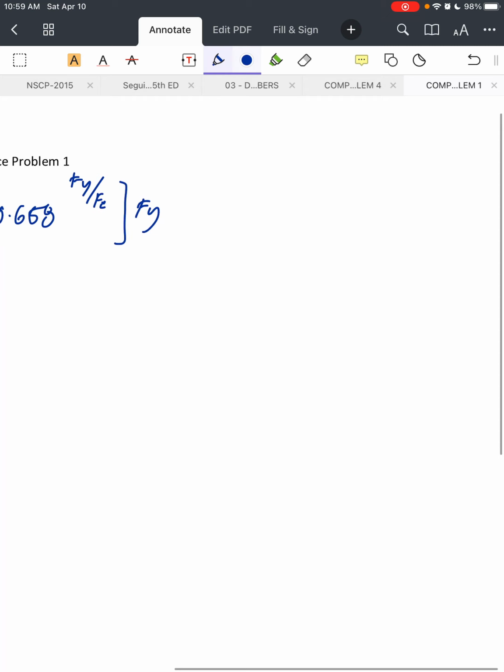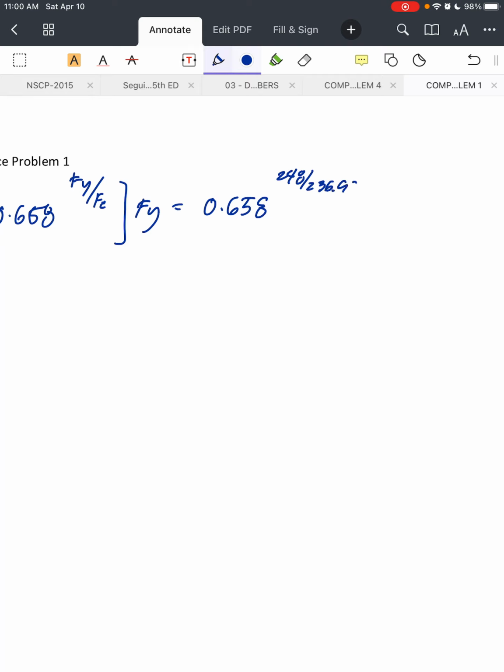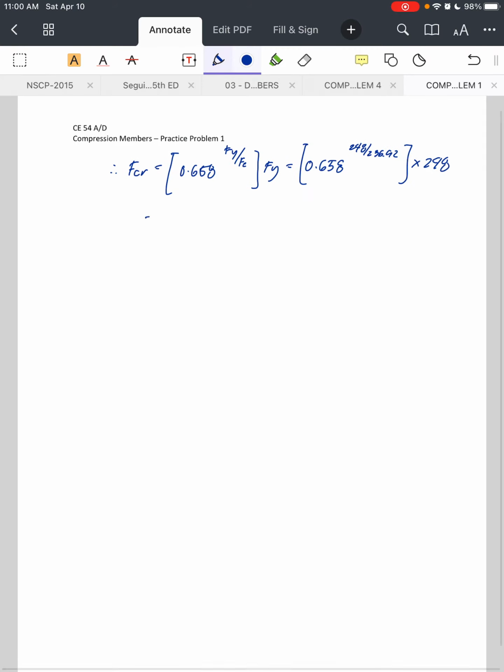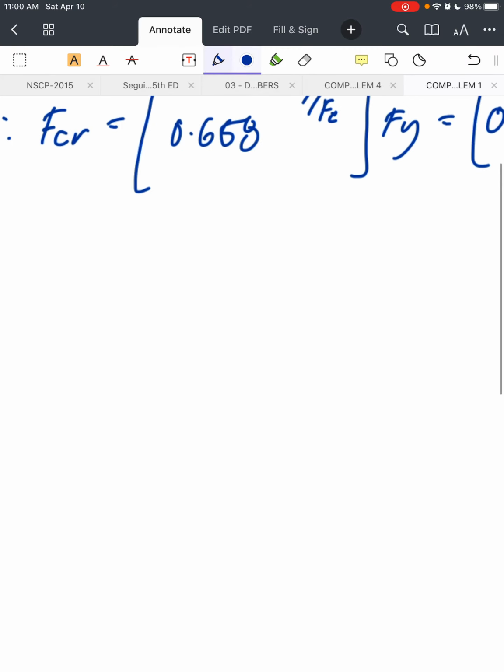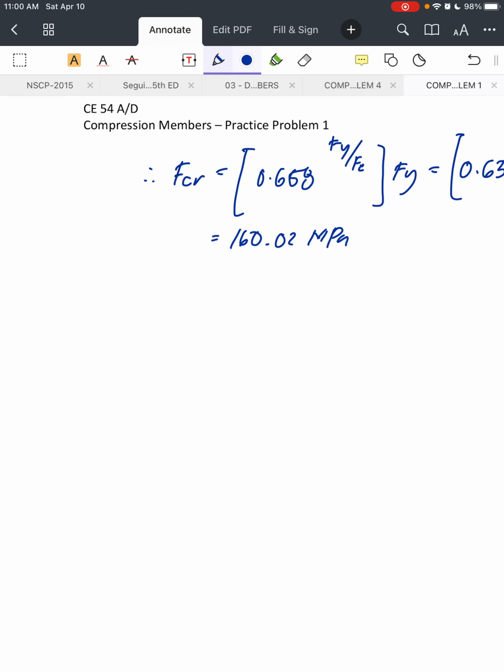So that is equal to 0.658 raised to 248 over 236.92, times 248. So that should be equal to 160.02 MPa.